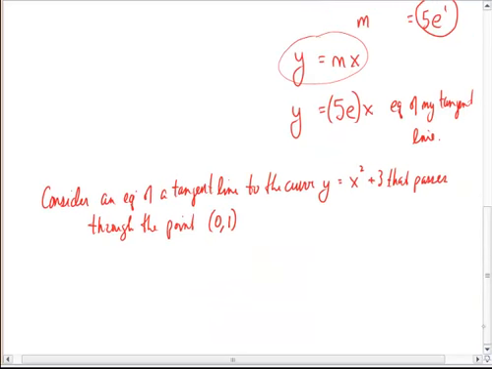Let's see if we can figure out the equation of a tangent line for that.